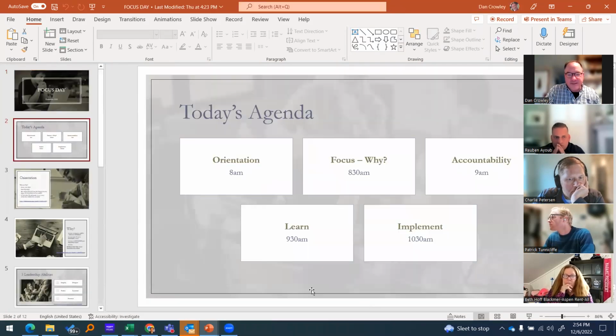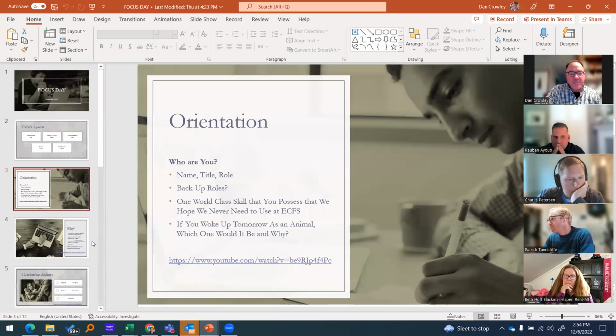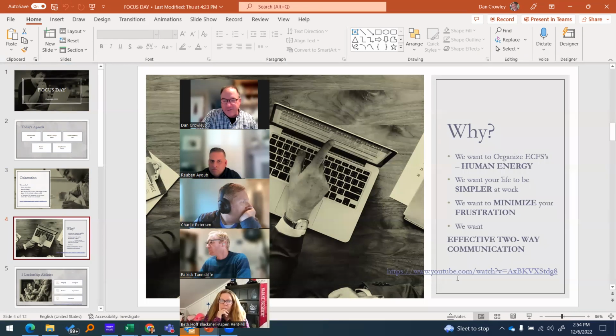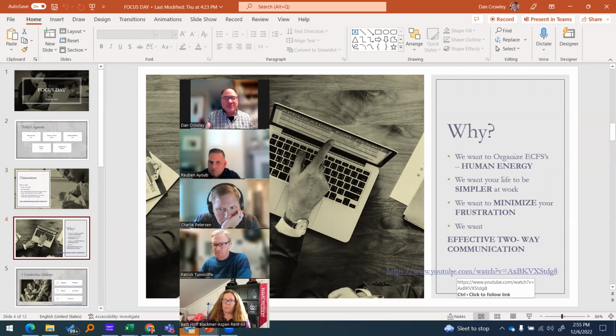And what this does is it takes you through an orientation about Traction and EOS and implementation. And every one of these slides usually has a YouTube video connected to it. And so by the time you're done, there's only 12 slides in our Focus Day slide deck, but this actually takes like 3 hours. So it becomes like a training tool.